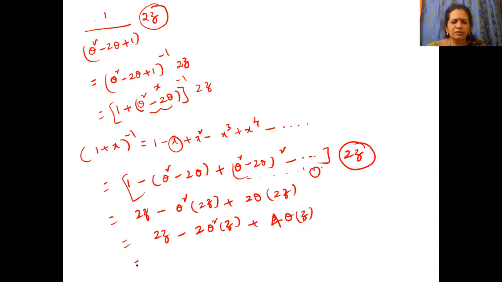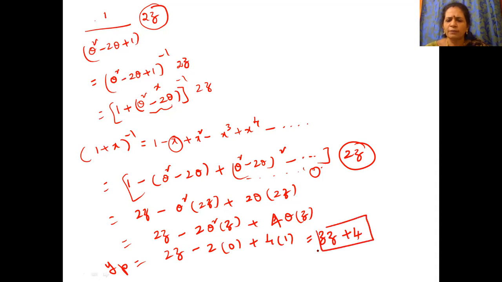Okay, so what is the value here? 2z minus D square of z is 0, because the derivative of z is 1, and the second derivative of z, a constant, is 0, right? Now the derivative of z, that value is 1. Finally, what is the value? The particular integral yp becomes 2z plus 4. This is the value of the particular integral.